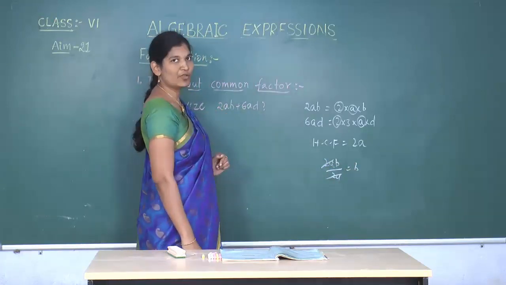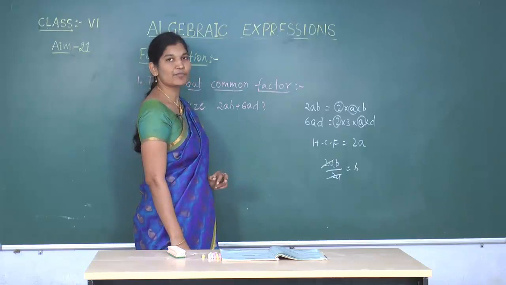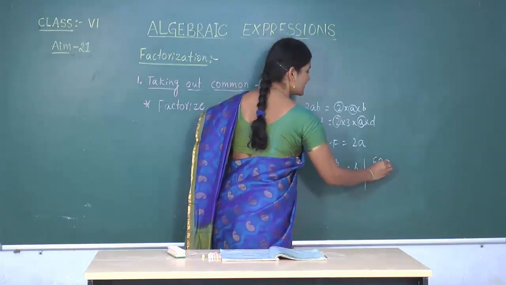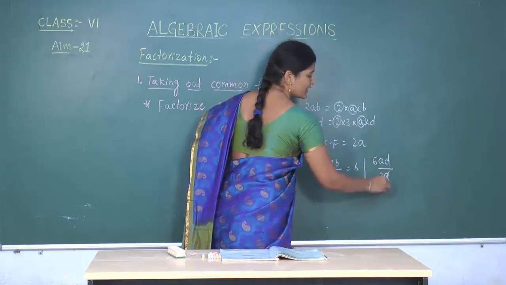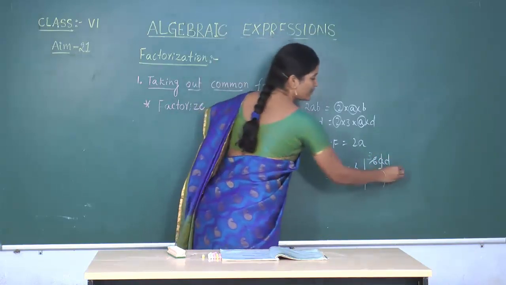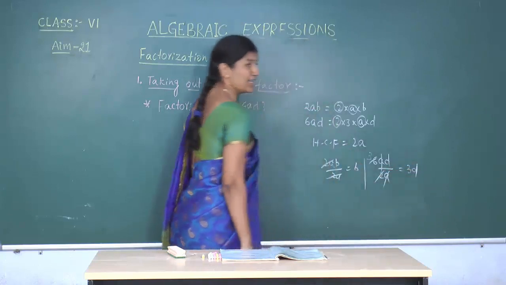The coefficient of the second term is 6ad by 2a: a gets cancelled, 2 goes 3 times, so the coefficient is 3d.